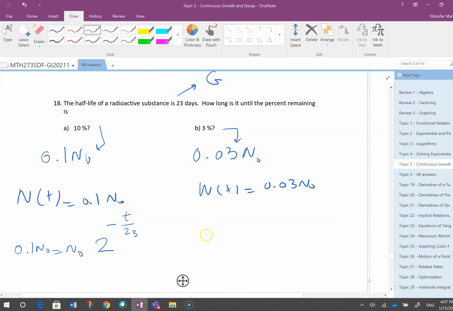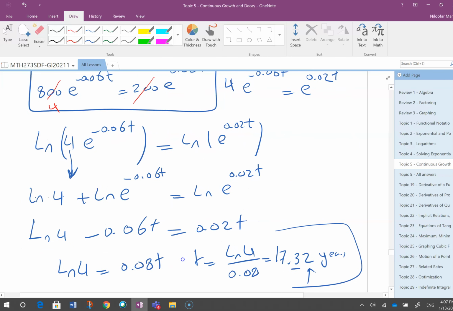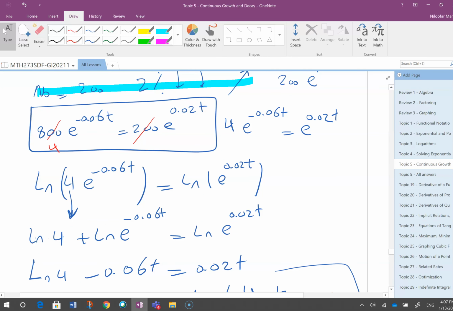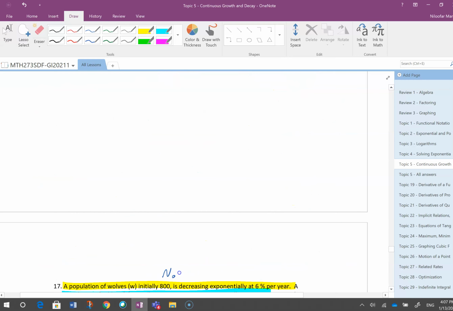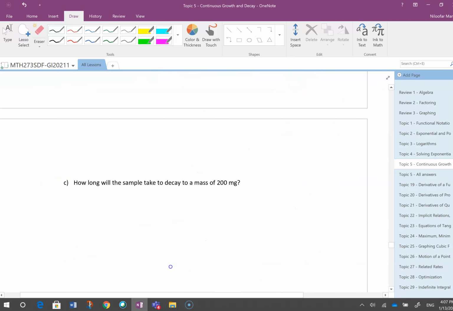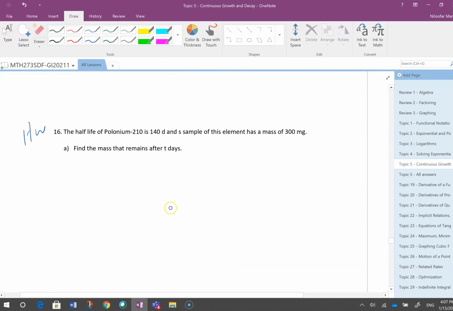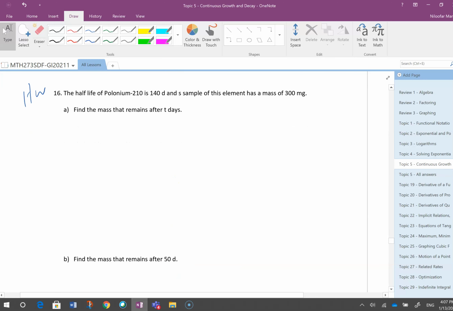So here, 0.03 N0 is N0 2 power minus T over 23, and find the answer. Here I already did the question.